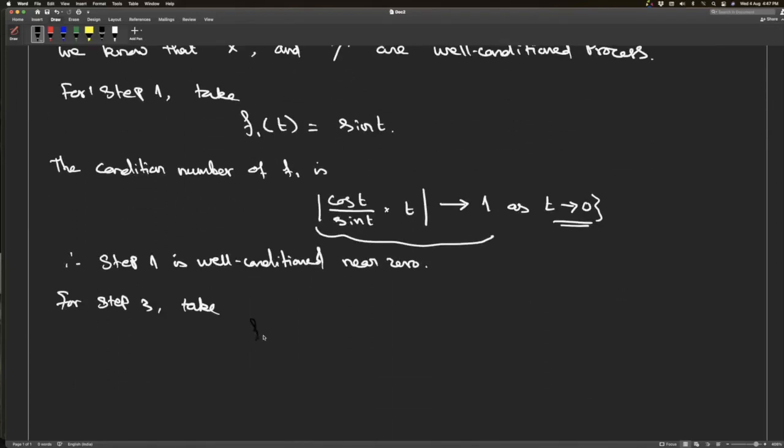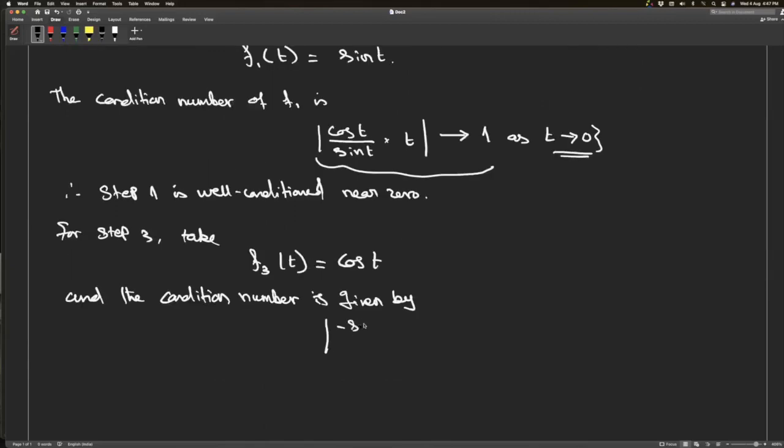Let's take the function f3 of t is equal to cos t, and the condition number is given by mod minus sine t divided by cos t into t. Again, that tends to 0 as t tends to 0. So that is also fine.